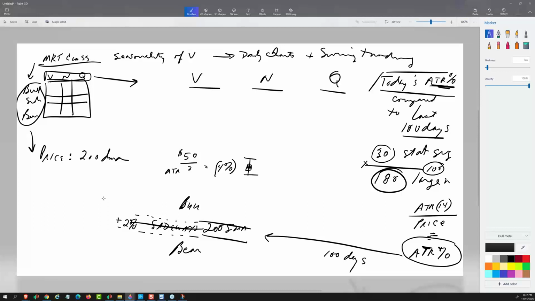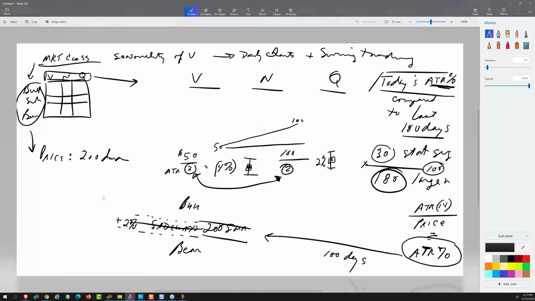Well, what happens if 100 days later that thing has gone from $50 in price and now it's at $100 in price, but the ATR is still 2? Now the price is 100 and ATR is 2, and you might say, oh, well, 2 is equal to 2. The volatility hasn't changed, but it actually has, because now it's only moving 2% of today's price.